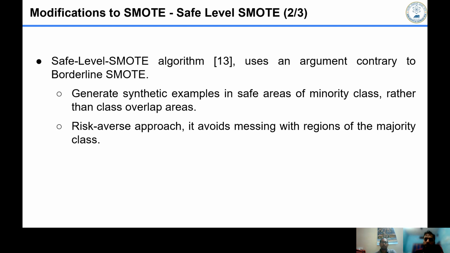Given this approach is risk averse, it avoids messing up with the majority class because you're taking samples from the area where the minority class is in purity, and the synthetic point is always going to fall on the line segment, and hence you are likely to end up in a region which is still pure.